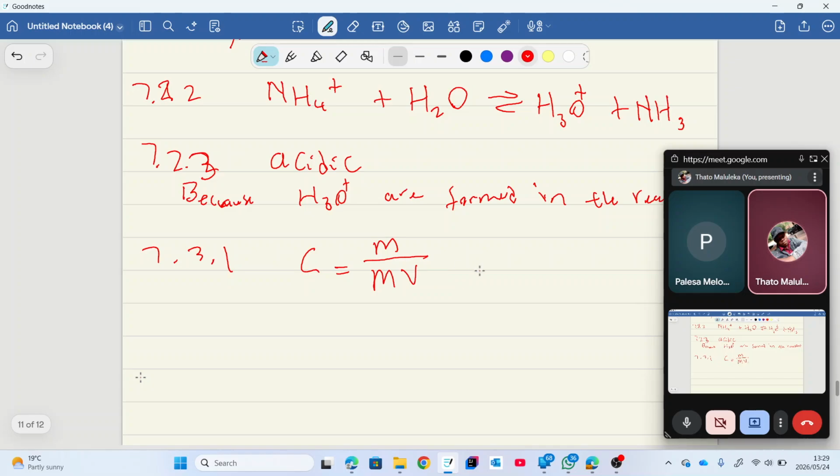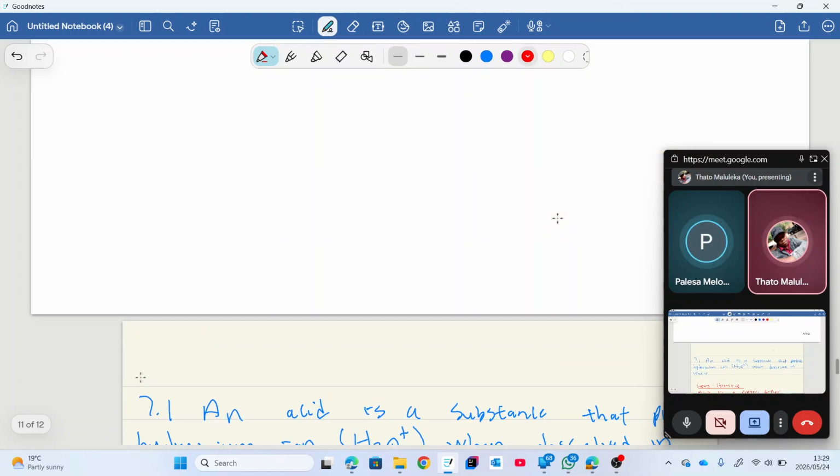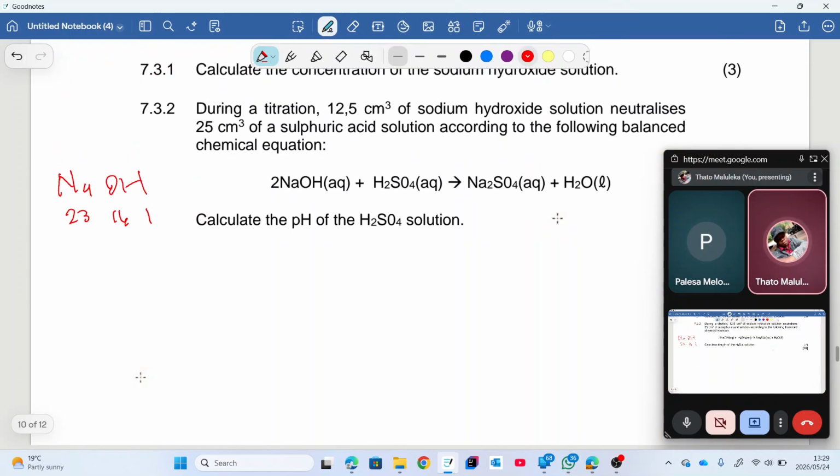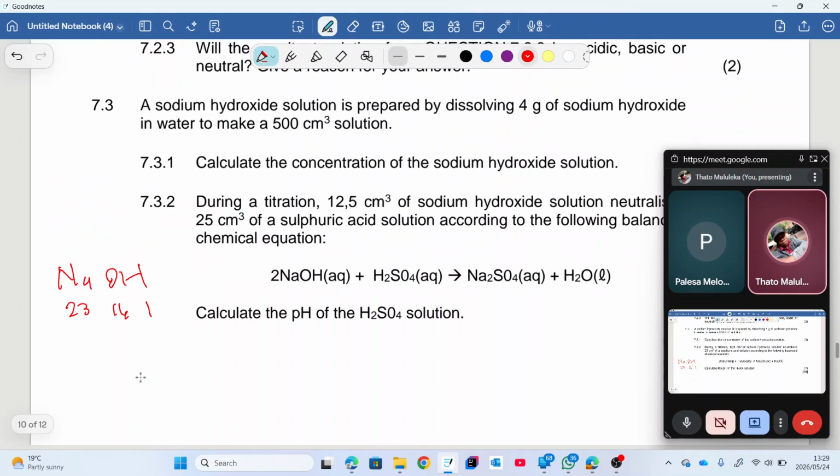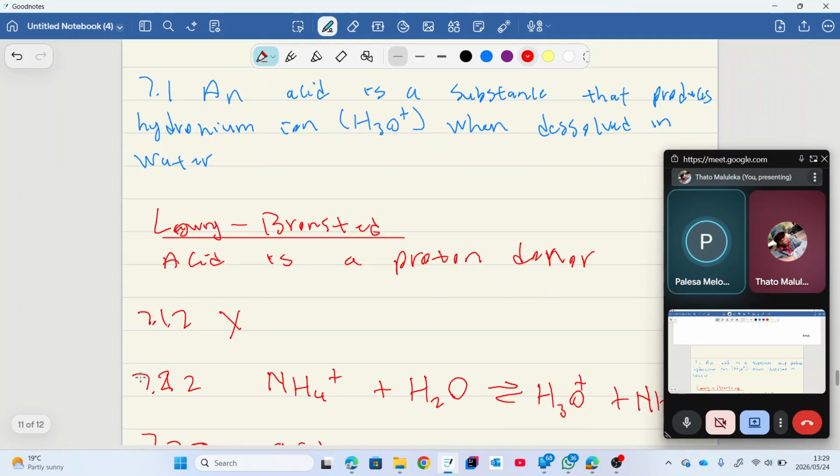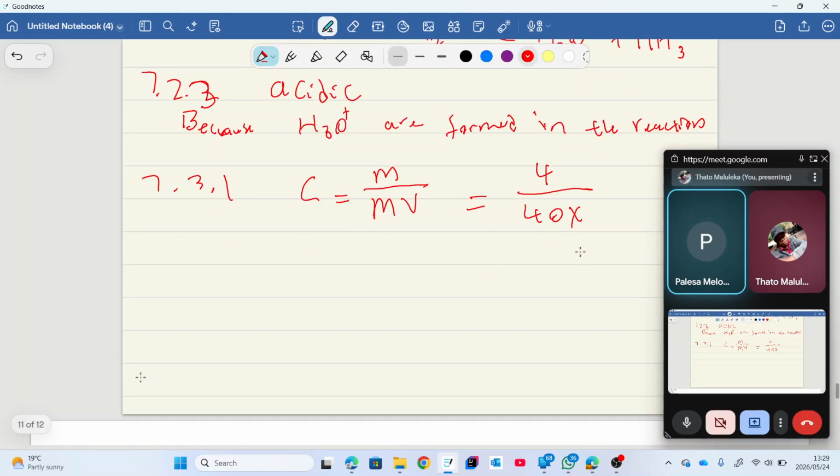So therefore, this is going to be 4 over 40 times the volume. 500 cubic centimeters. So it's 0.5 cubic decimeters because we need to write it in SI units.